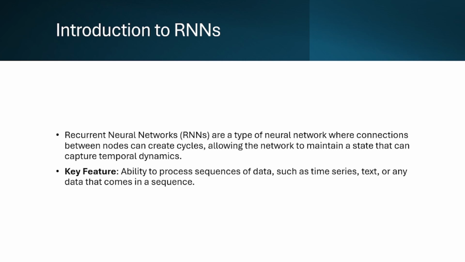Recurrent neural networks are a type of neural network where connections between nodes can create cycles, allowing the network to maintain a state that can capture temporal dynamics.